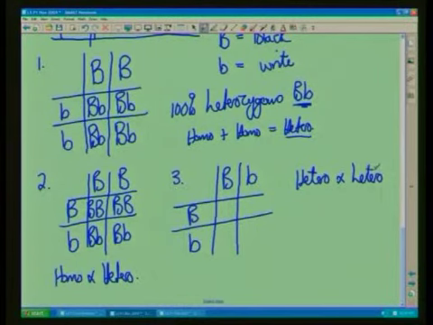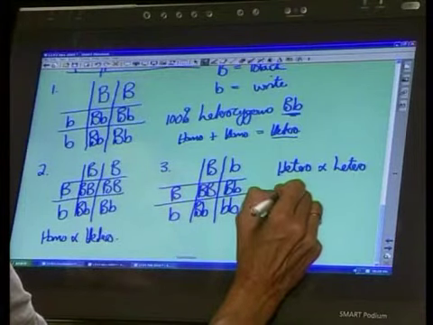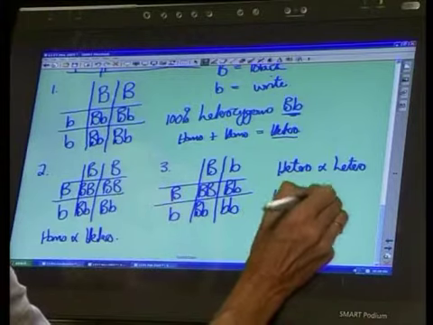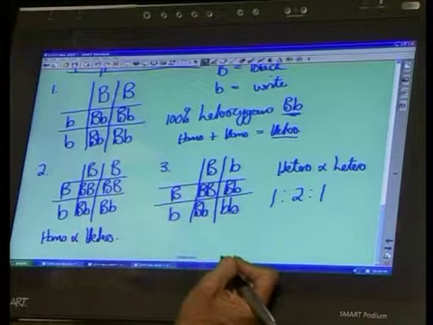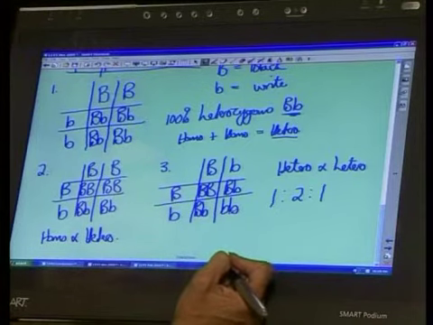Okay? So look at this here. Capital B, small b, capital B, small b, and small b, small b. So what have I got here? I've got a 1 to 2 to 1, 1 to 2 to 1 ratio. You see that? Yes. You happy?